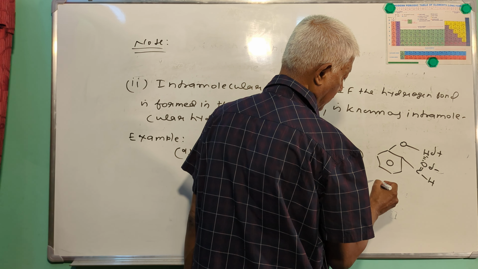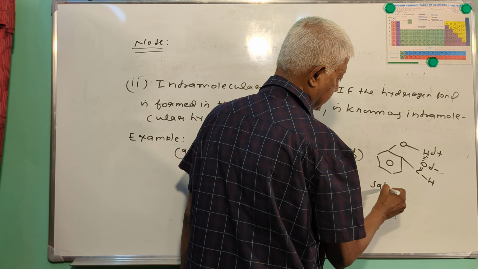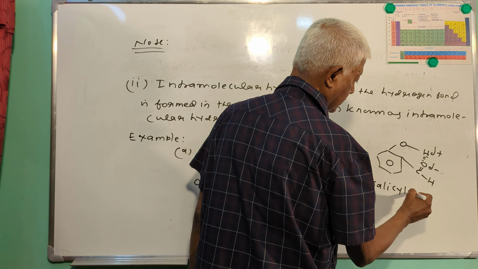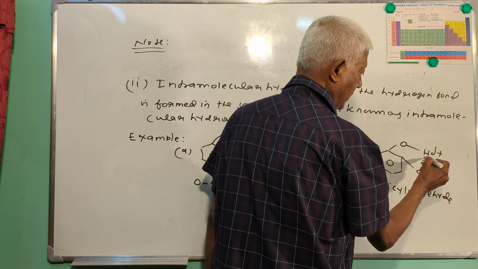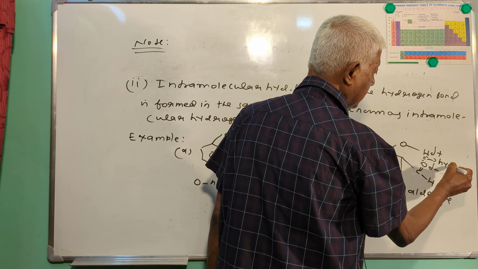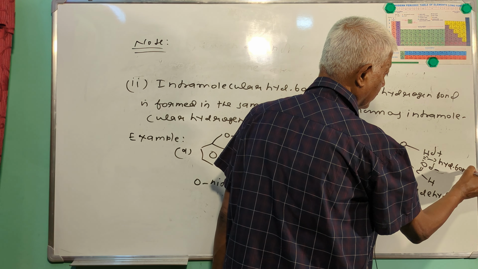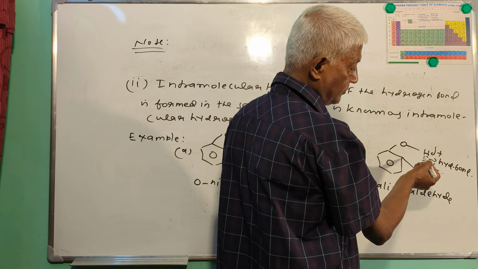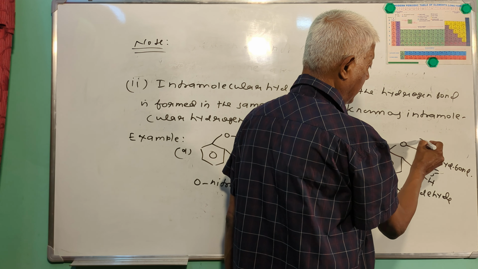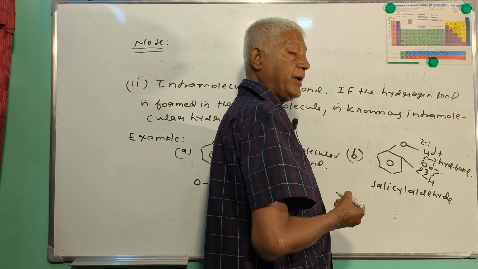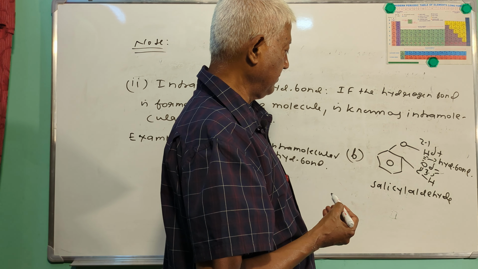So that is known as salicylaldehyde, same molecule. So that is hydrogen bond. Why does it form hydrogen bond? Because oxygen has 3.5, hydrogen has 2.1, the electronegativity values.